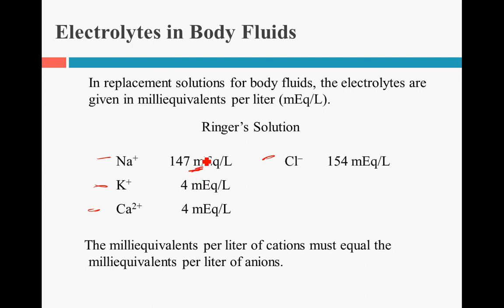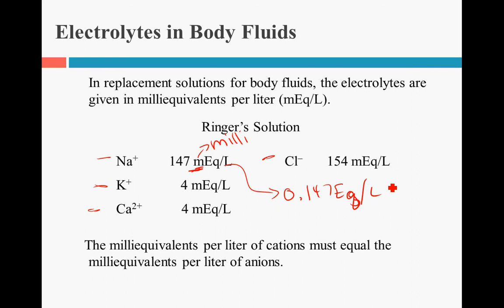Notice the little m. You may remember from the previous chapters, m means milli. So that means that when we say 147 milliequivalents, we're really talking about 0.147 equivalents per liter.